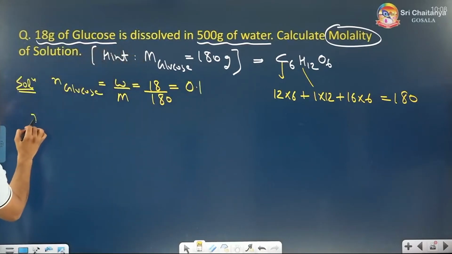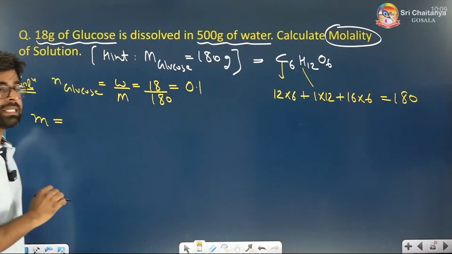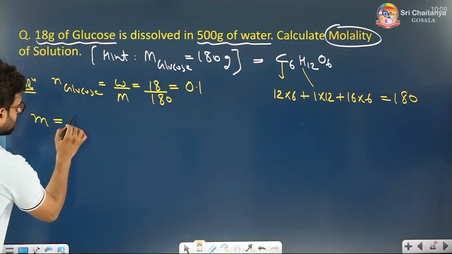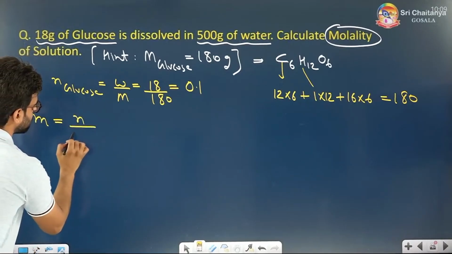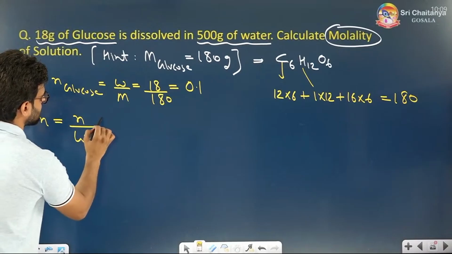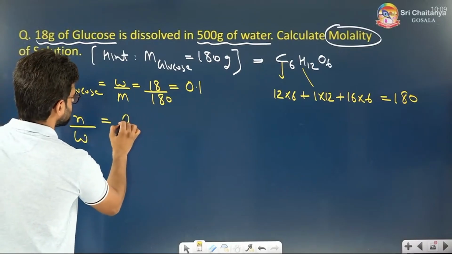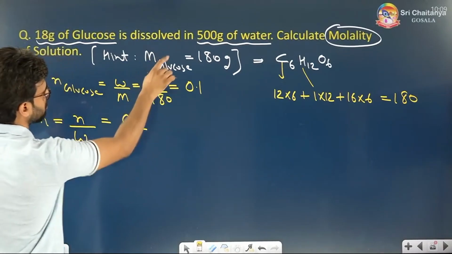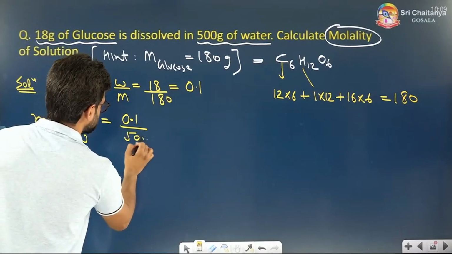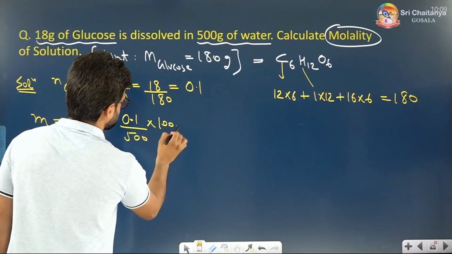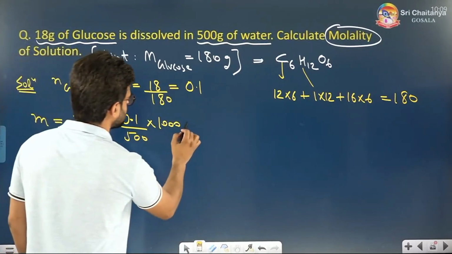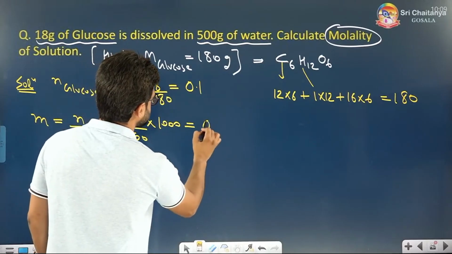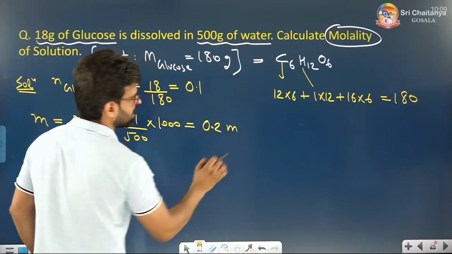Now I want to find molality: moles of solute divided by weight of solvent in kg. That is 0.1 mole, and the solvent is 500 gram; make it kg by dividing by 1000. So it is 0.2 molal.